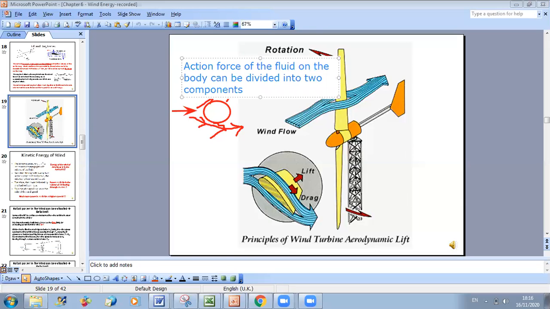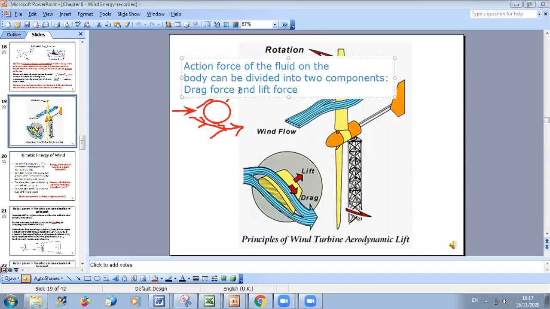These components are called drag force and lift force. What does this mean? These two components are one along the direction of the flow.